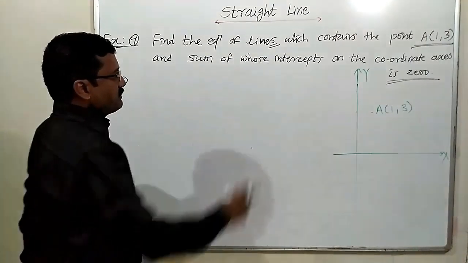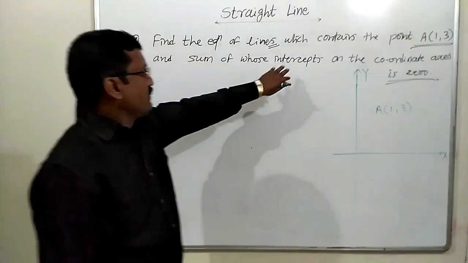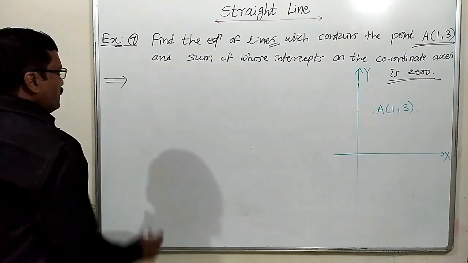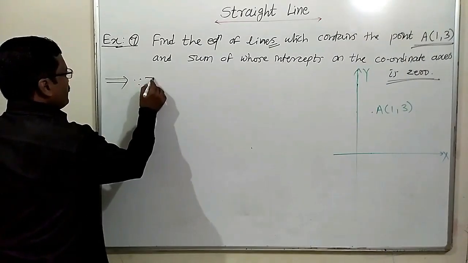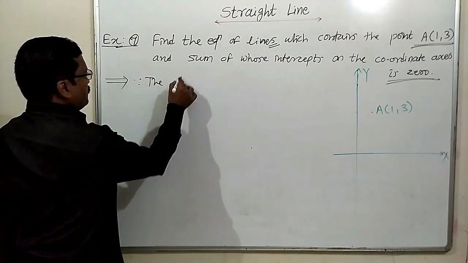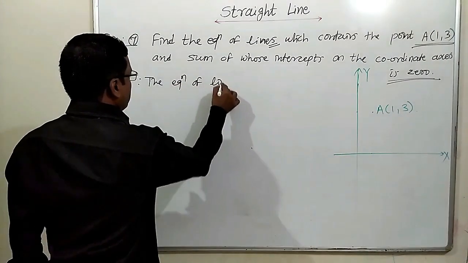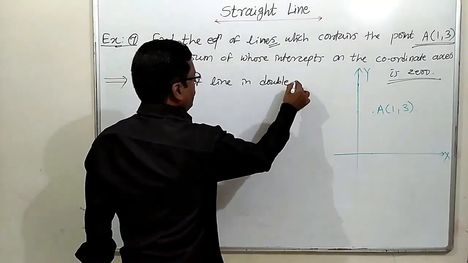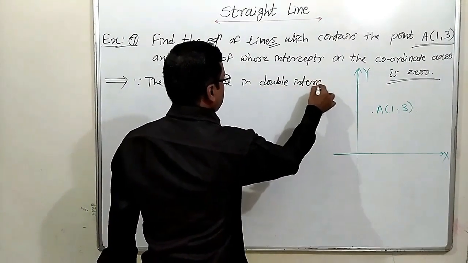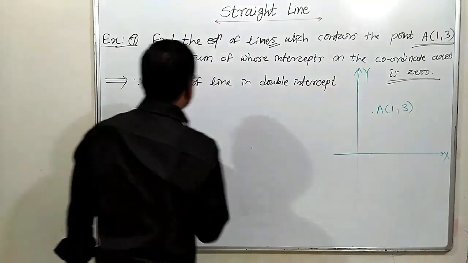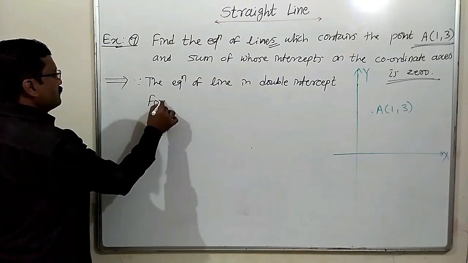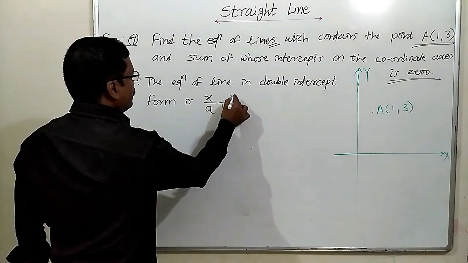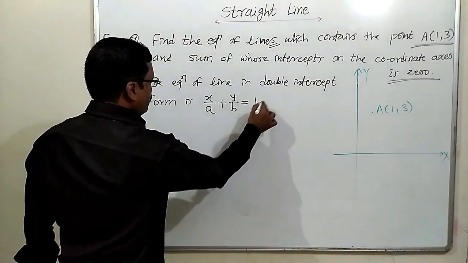Here the sum of the intercepts on the coordinate axes is given. So we will start with the two-intercept form or double intercept form of a line. The equation of a line in double intercept form is x/a + y/b = 1.